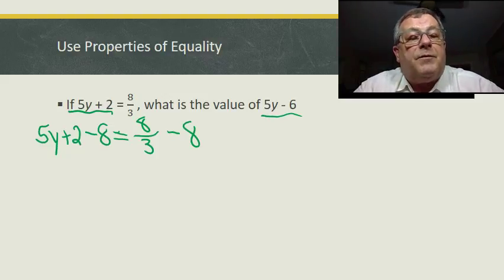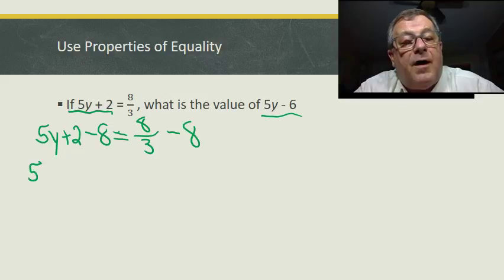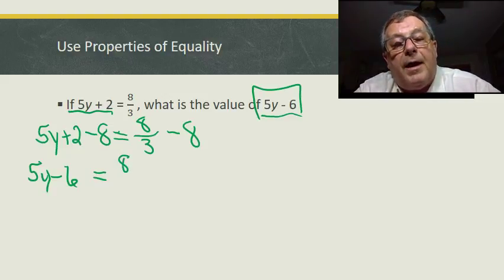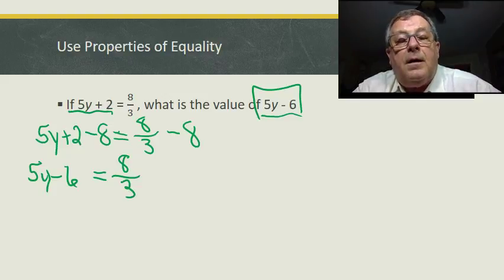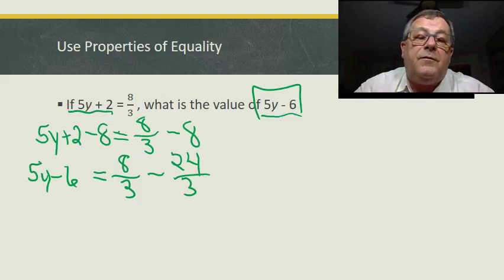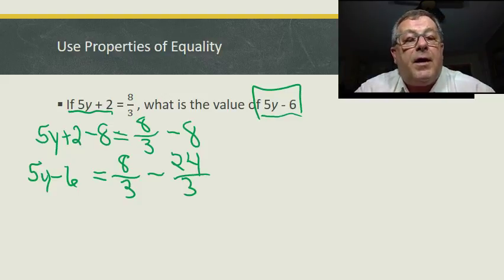All right, so we'll simplify this. On the left side, we have 5y minus 6, which is what we're trying to prove, so I don't have to do any more on this side. On the right side, I've got 8 over 3 and I'm subtracting 8 from it. I need a common denominator of 3, and negative 8 is the same as negative 24 over 3, because 3 divided into negative 24 gives negative 8.